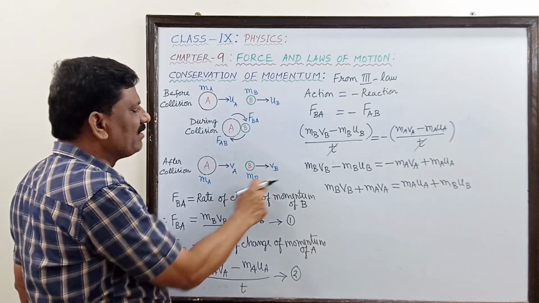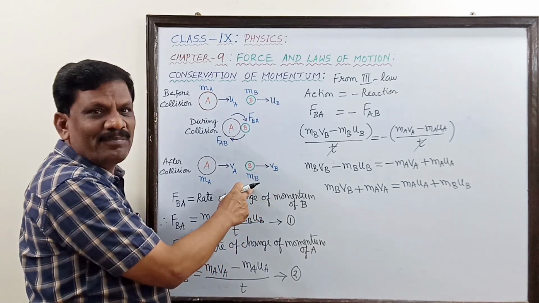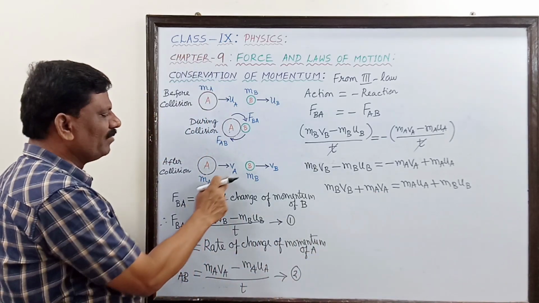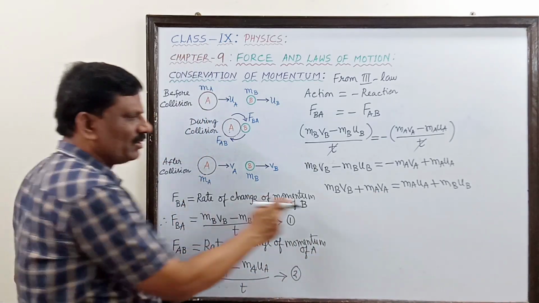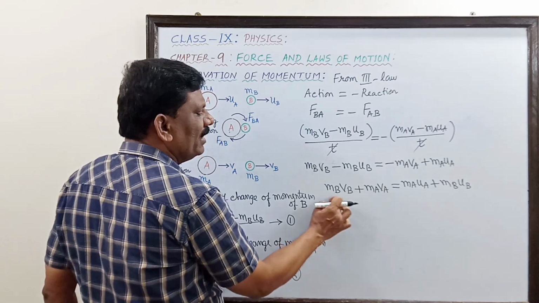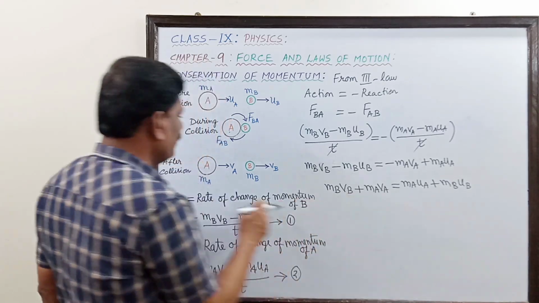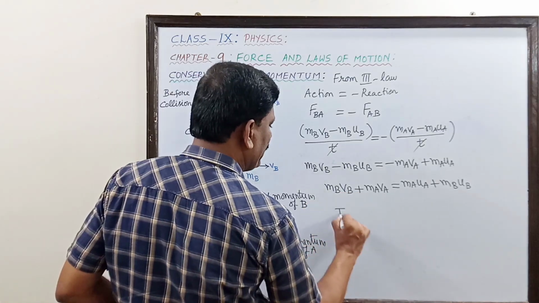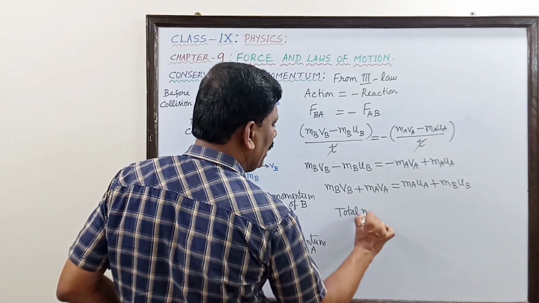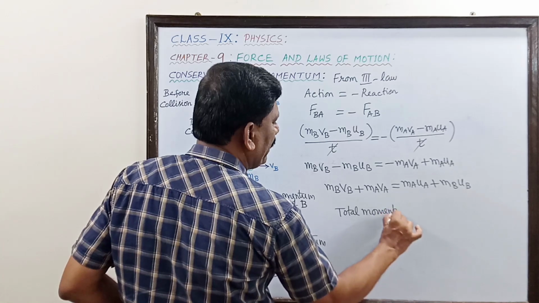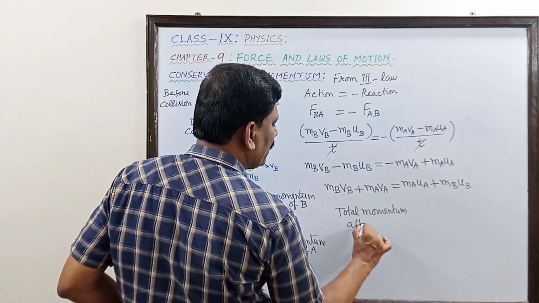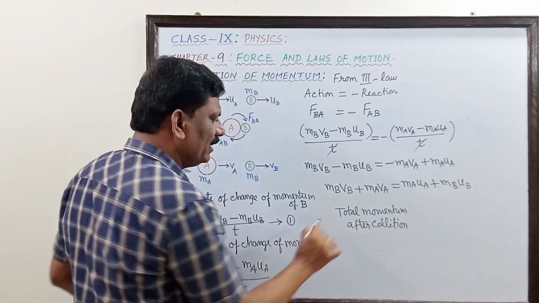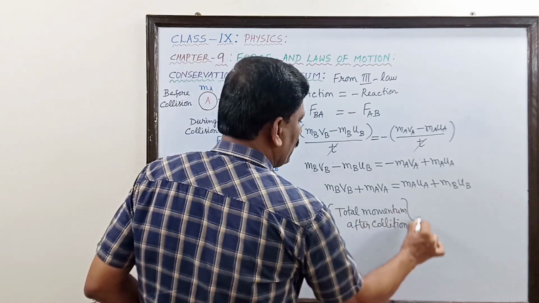Okay. Now you see here, what is MB into VB? MB into VB is the final momentum of B. Understand? What is MA into VA? That is the final momentum of A. So left hand side is the final momentum, that is the final momentum of A and B are added. Therefore left hand side is the total momentum after collision. Now right hand side, what is there?